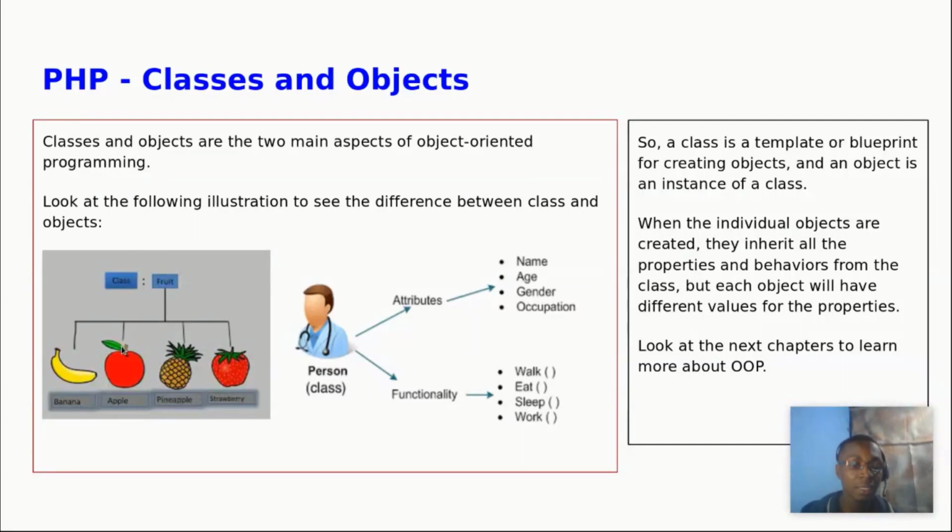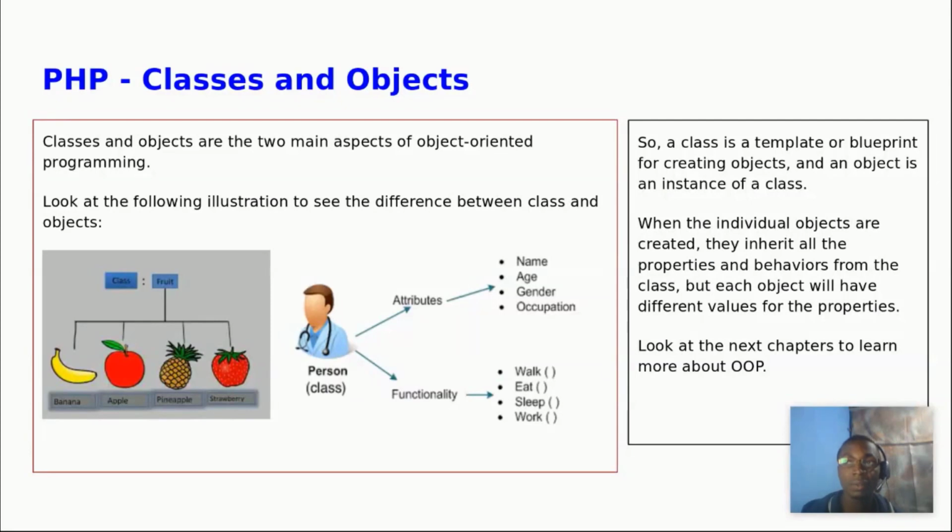So a class, like we said, is a template or a blueprint for creating an object. I think we made mention of that. So it defines the structure, right, or a template through which we can come up with something. That is the simplest I can put it. Now, an object is simply an instance of the class, right?